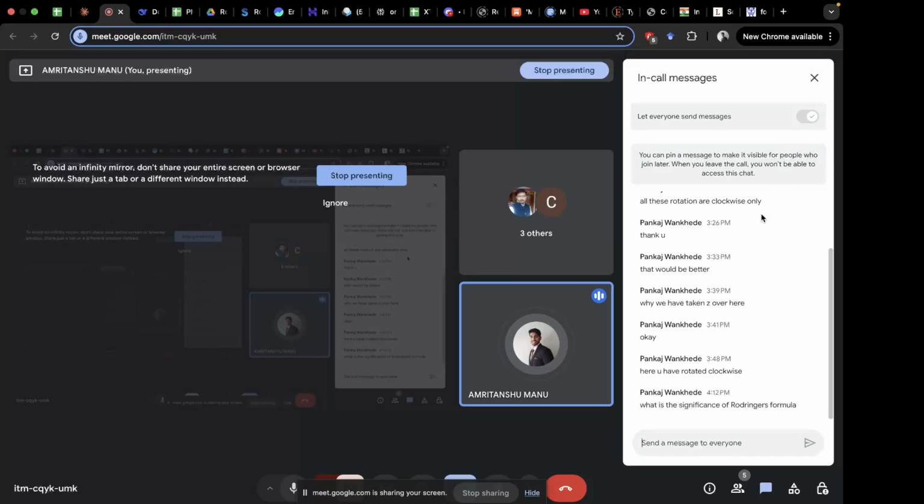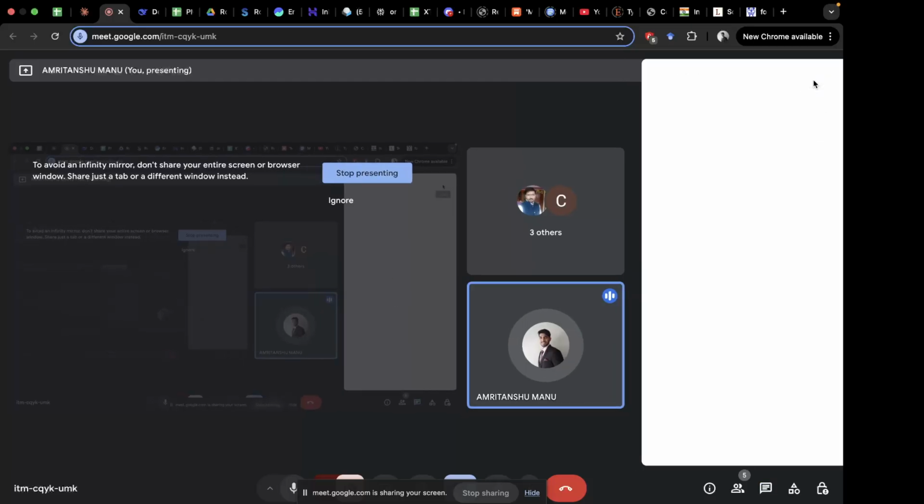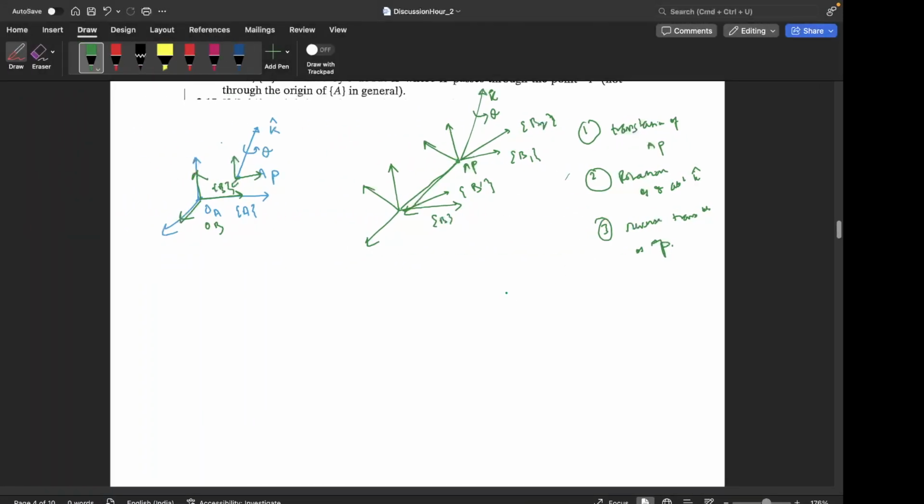Okay, so the significance of the Rodrigues formula is that it gives me much more freedom in describing rotations.